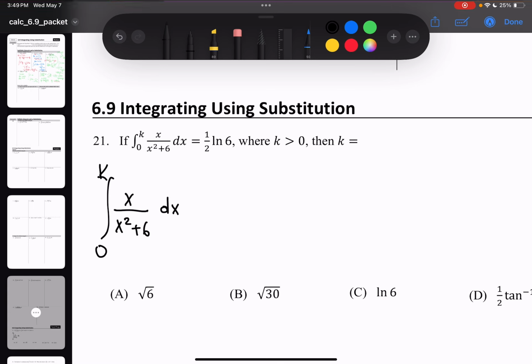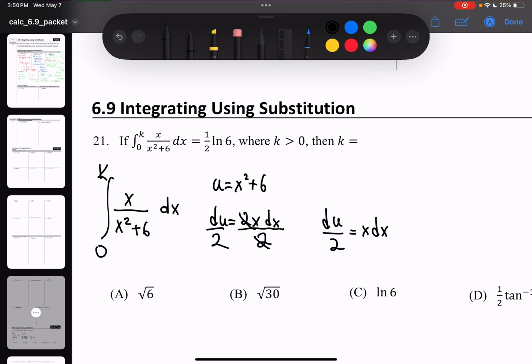Remember, you always take the denominator as u. So u is x squared plus 6. So du is going to be 2x dx. But I have x dx, I don't have 2x dx. So I divide by 2 over here, and so du over 2 is going to be x dx.